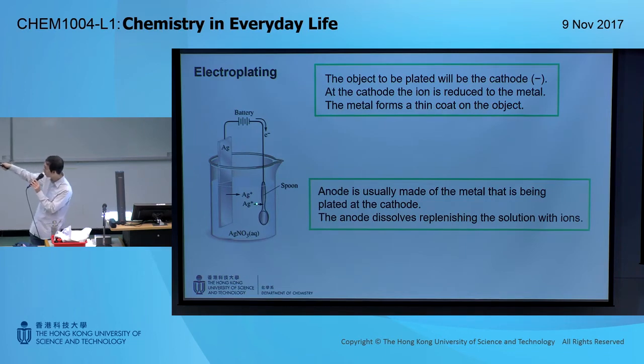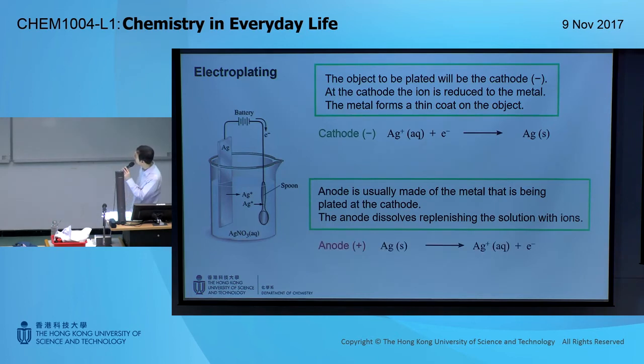So if you are electroplating silver, you would use a piece of silver as the anode because this will dissolve away the silver ion. As you lose silver ion here, you dissolve back the silver ion from the metal, and then you can maintain a concentrated solution here. So you see the anode dissolves, replenishing the solution with ions. So we can write equations to explain these. Here, Ag plus gains an electron to form silver metal.